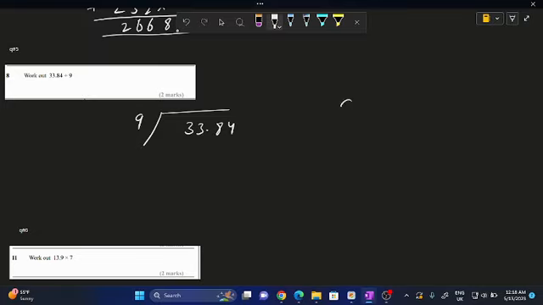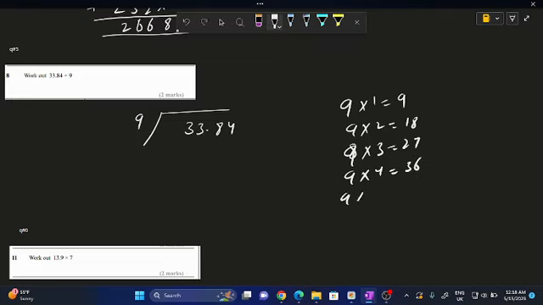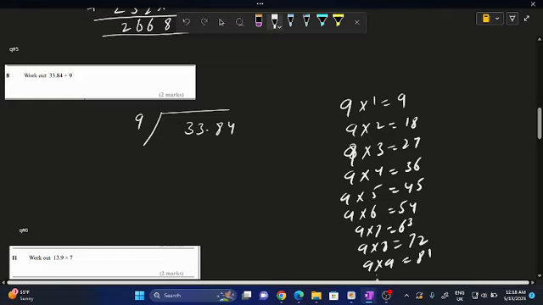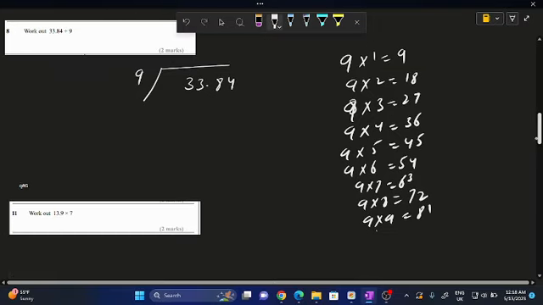Read the table of 9. 9 times 1 is 9. 9 times 2 is 18. 9 times 3 is 27. 9 times 4 is 36. 9 times 5 is 45. 9 times 6 is 54. 9 times 7 is 63. 9 times 8 is 72. 9 times 9 is 81. And 9 times 10 would be 90.